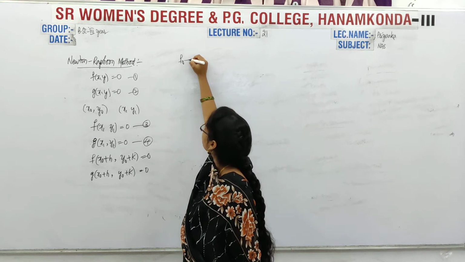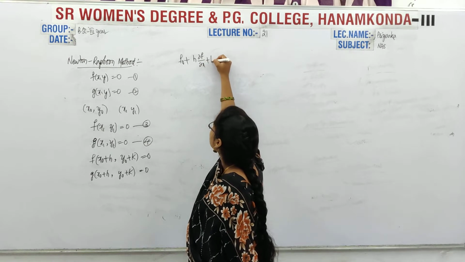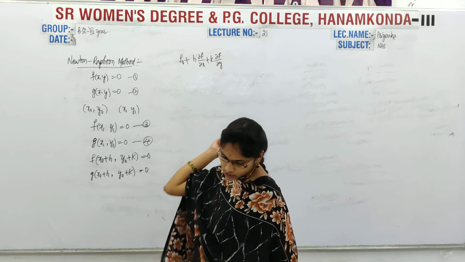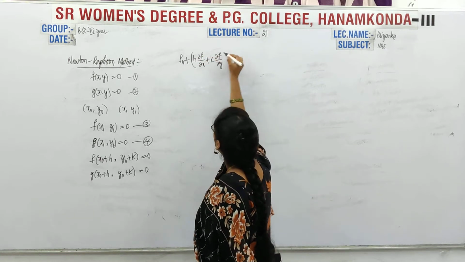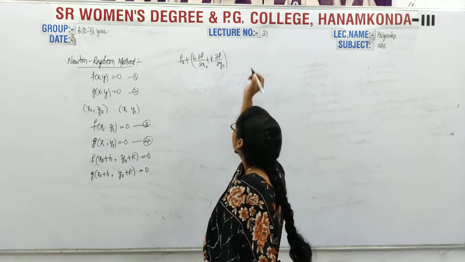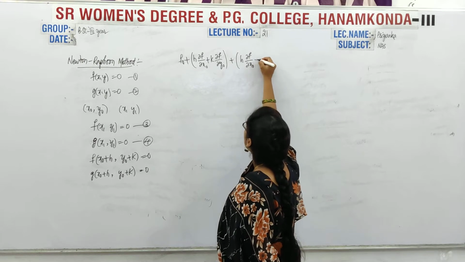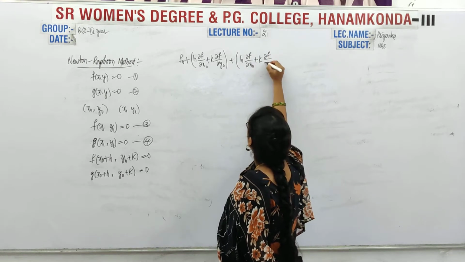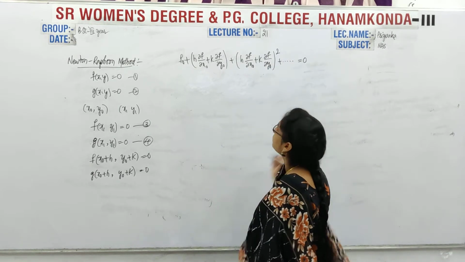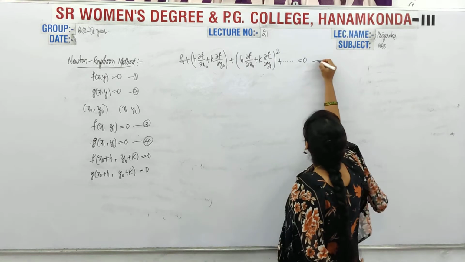So first of all, f naught plus h into dou f by dou x plus k into dou f by dou y. This is the first point. Of course here I am taking f naught, so x naught y naught. Next will be the expansion of Taylor's, dou f by dou y naught whole square plus so on, which is equal to 0. I am taking it as equation number 5.